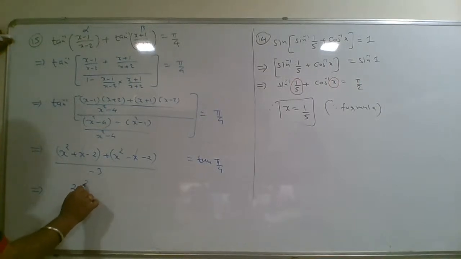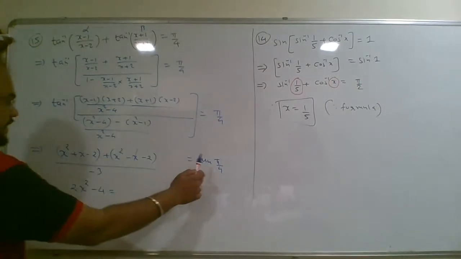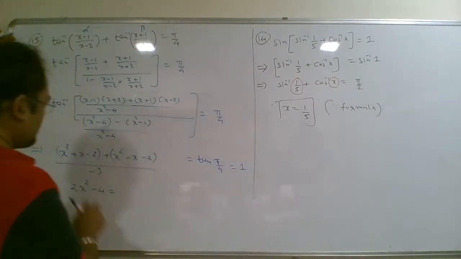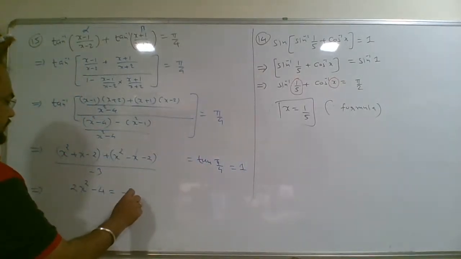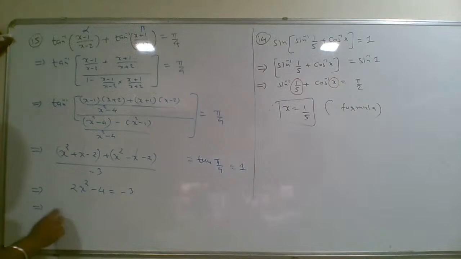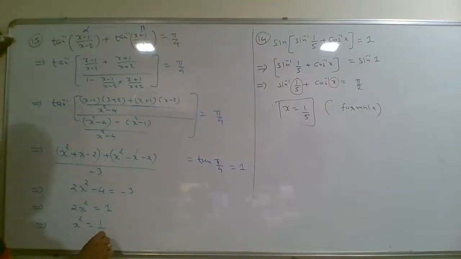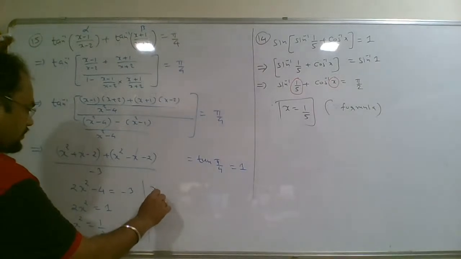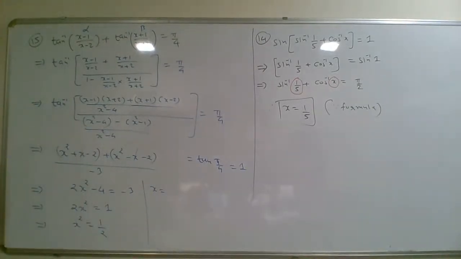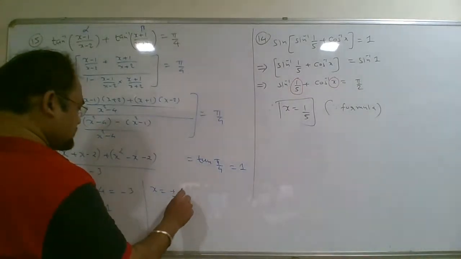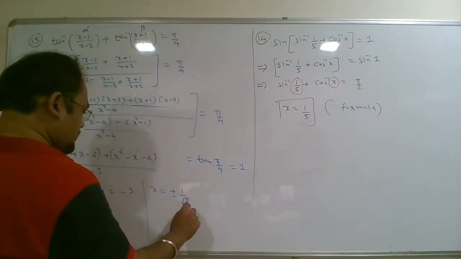It is 2x square minus 4, and tan 45 equal to what? 1. 1 into minus 3. It is minus 3. So 2x square equal to 1. X square equal to 1 by 2. X equal to plus or minus 1 by root 2.